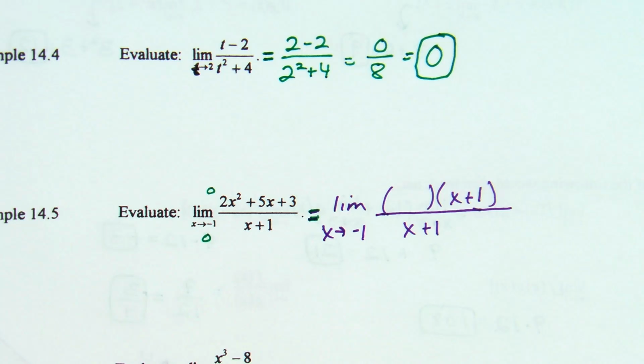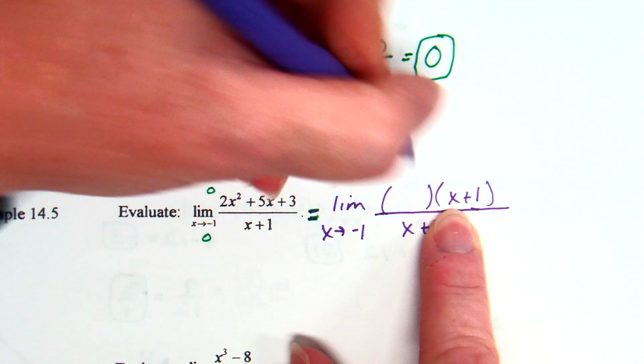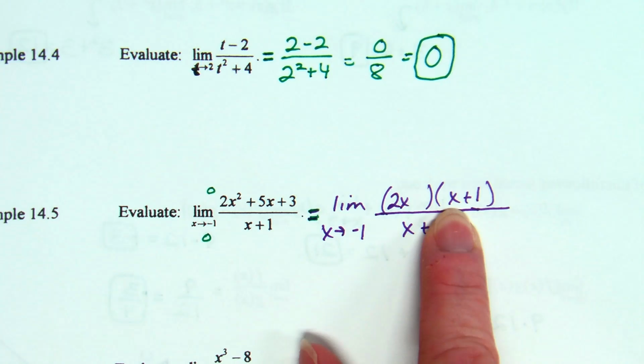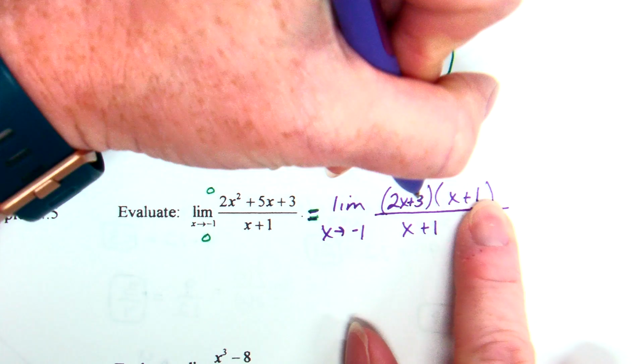Now, work backwards with me. 2x squared would come from x times 2x. Does that make sense? The 3 at the end comes from 1 times 3. All the signs are positive, so I'm going to say 2x plus 3.